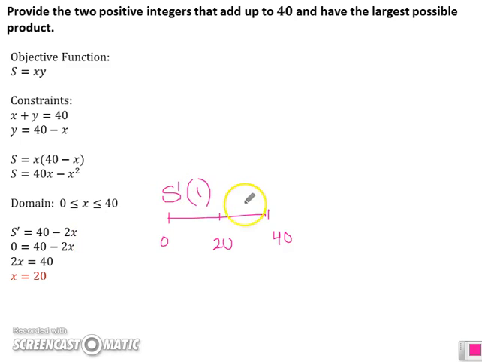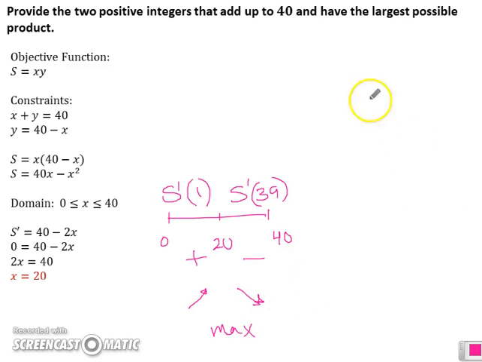It doesn't matter what numbers you pick, as long as it's within the range. Then you test to see that you have a maximum. This would be 40 minus 2 times 1, and then 40 minus 2 times 39. Then you're showing that the tangent lines go up and then down, which means there's a max. So that's the first derivative test.